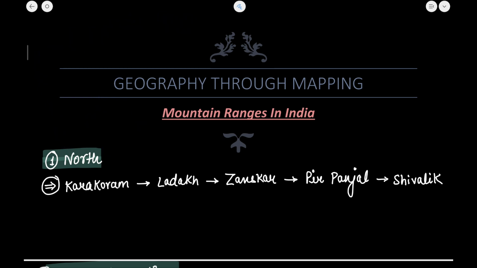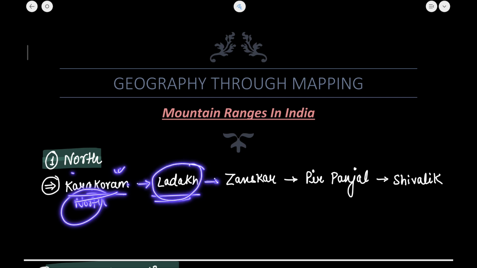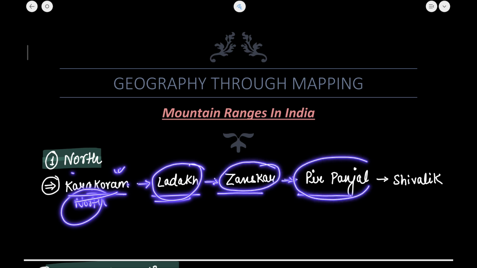Now if we talk about the Greater Himalayas in specific, then the northernmost range is the Karakoram range. South of the Karakoram range lies the Ladakh range, and south of the Ladakh lies Zanskar. South of Zanskar lies the Pir Panjal, and this Pir Panjal range is the one that is between Jammu and Srinagar.